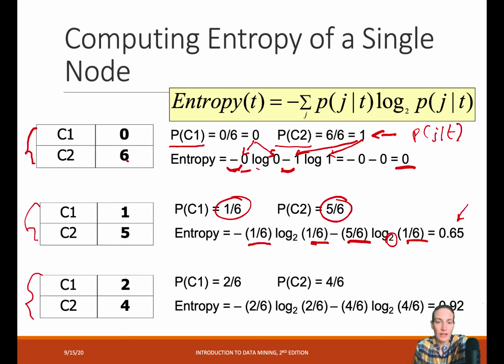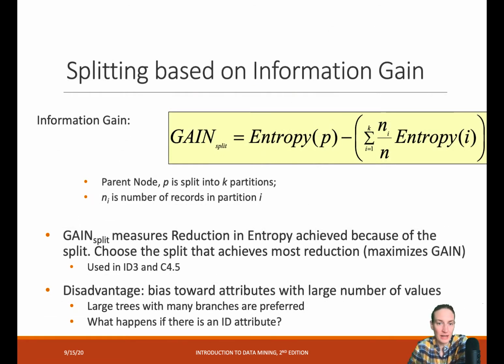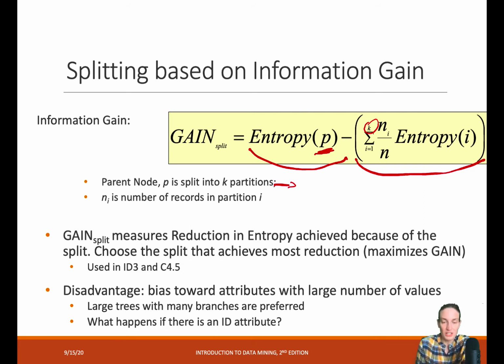So for information gain, that is basically the entropy prior to the split minus the weighted entropy over all partitions of our split. Partitions being child nodes here. I should have put child nodes. And n_i is the number of records in partition i.